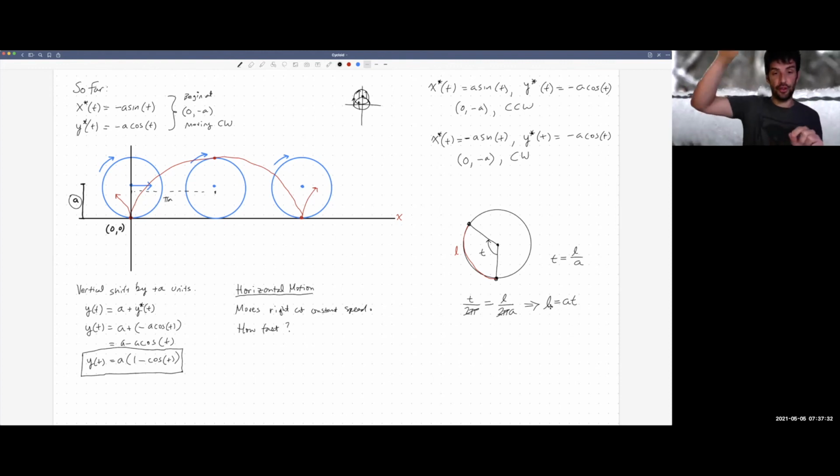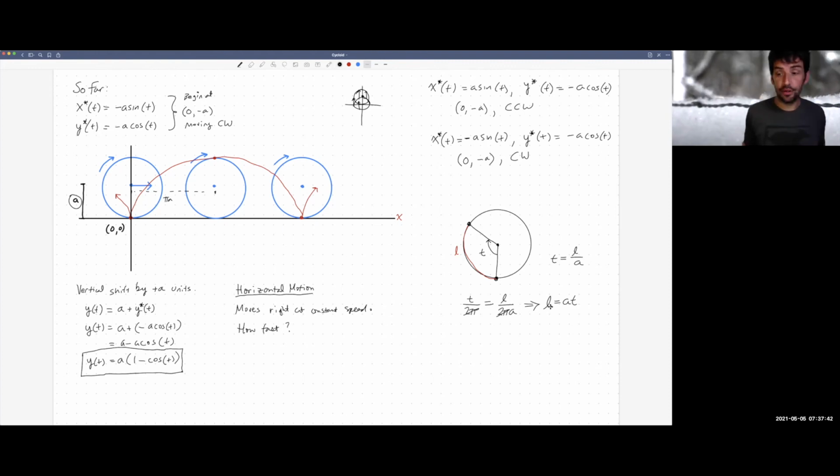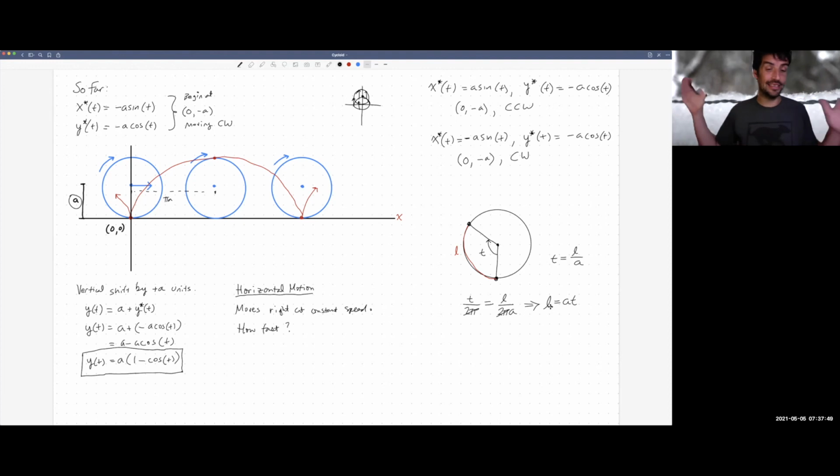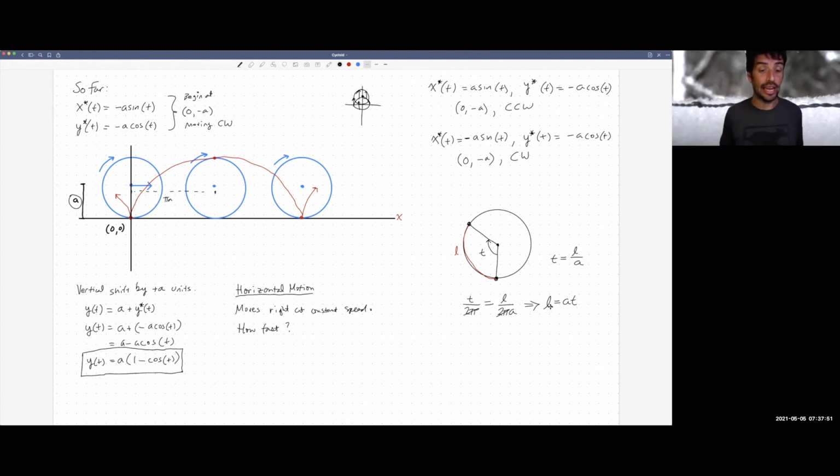Because the amount of curve around the circle we rotate will equate to how much ground is kind of pushed past, okay? So if we start at 0 and travel for t seconds or minutes, whatever our units are here, will be a distance of a t to the right. We need to add, we need to shift horizontally.